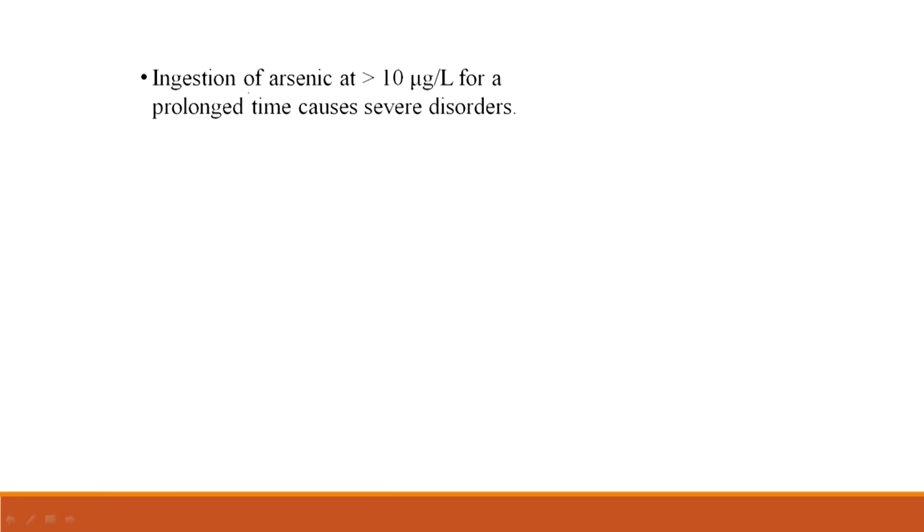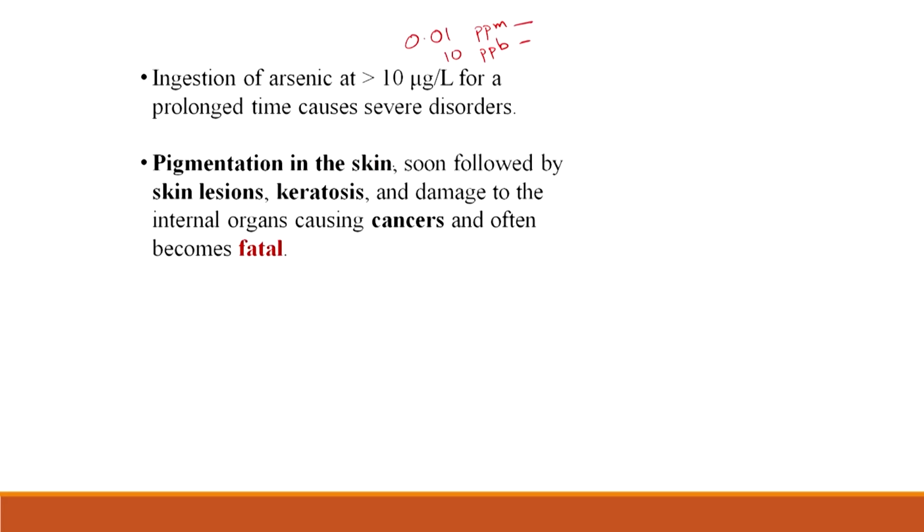And ingestion of arsenic at 10 ppb, or 0.01 ppm, or 10 parts per billion, causes severe disorders. So pigmentation in the skin followed by lesions and damage to the internal organs, causing cancers, and quite often becomes fatal.